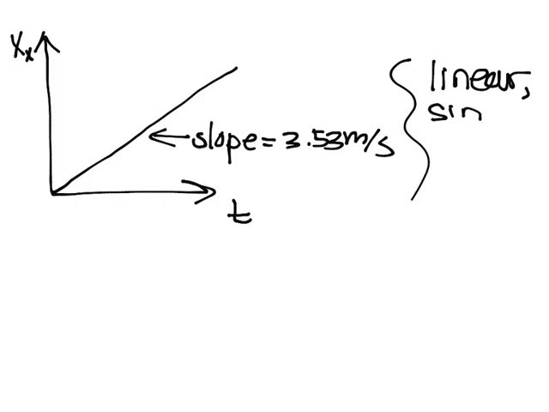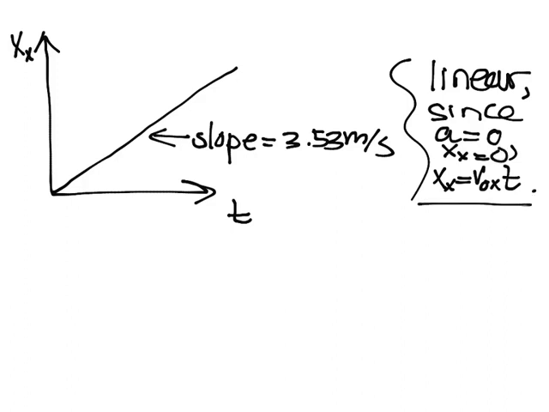Since a equals 0, x equals v naught x t. Actually, since a equals 0 and x equals 0, this is our function.